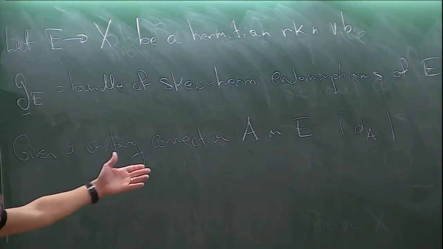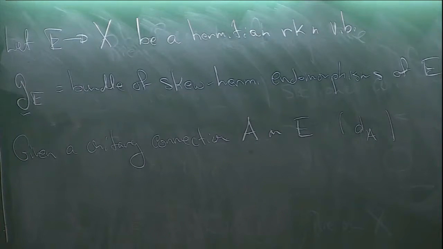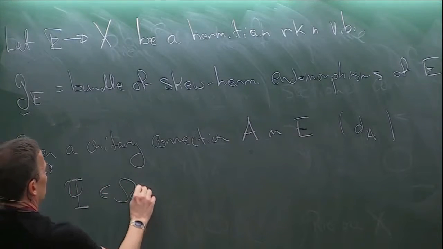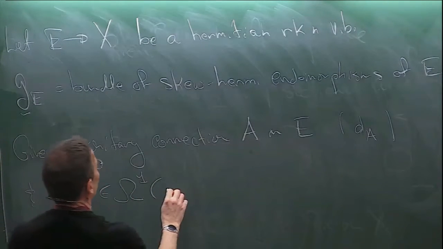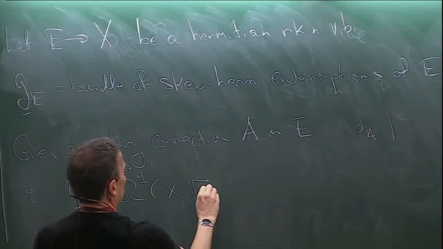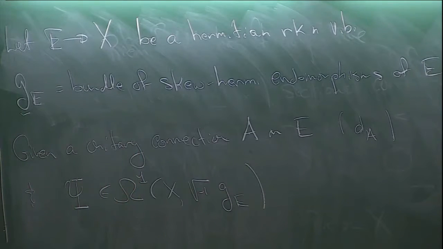But so given a unitary connection, so one that preserves the Hermitian structure on E, and an element psi, which is just a one form on X with values in the Hermitian endomorphism bundle, square root of minus 1 times E. So this is sometimes called the Higgs field.